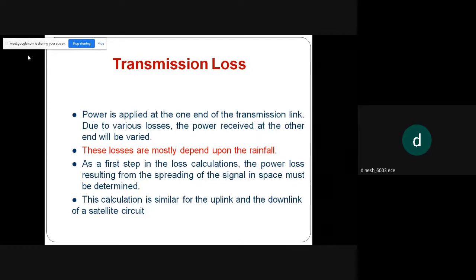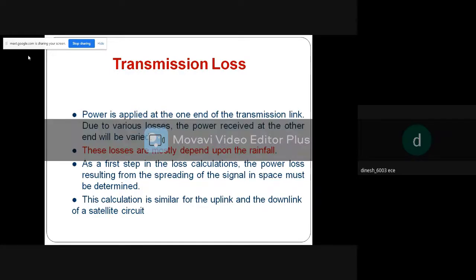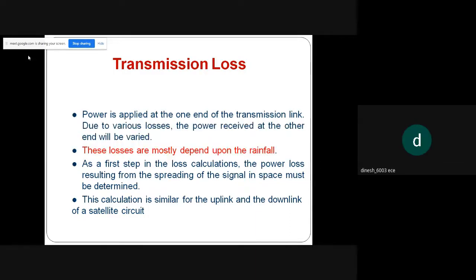Atmospheric radiation, space considerations, celestial bodies in between, other satellites in between, distance, and so many other factors contribute. So let us see one of them, the transmission loss. These losses mostly depend upon rainfall.